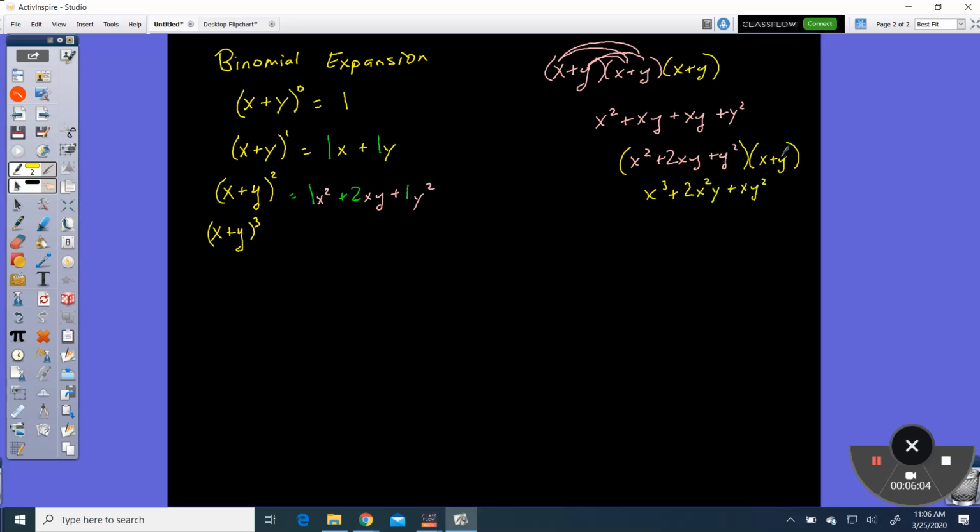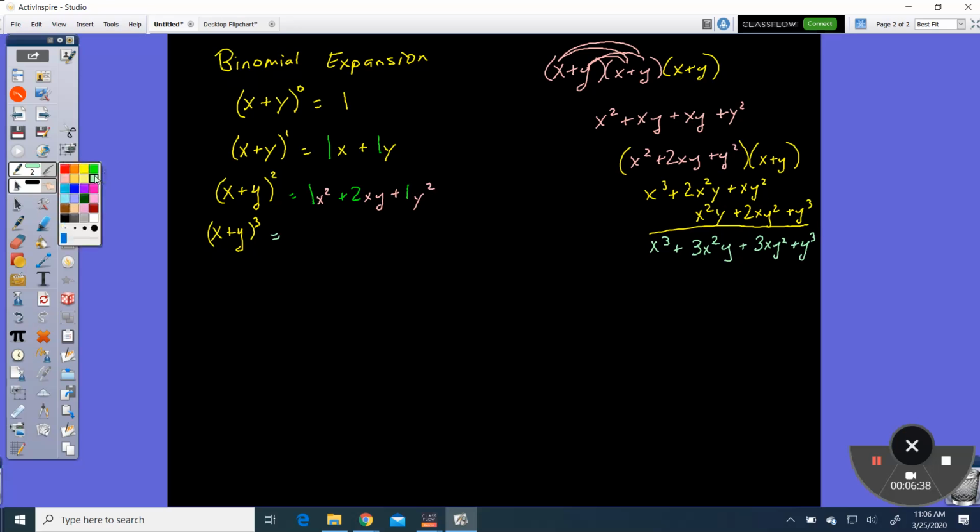Now I'm going to distribute the y, so y times x squared is x squared y. y times 2xy makes 2xy squared. And y times y squared makes y cubed. So now if I add those together, I get x cubed plus 3x squared y plus 3xy squared plus y cubed.